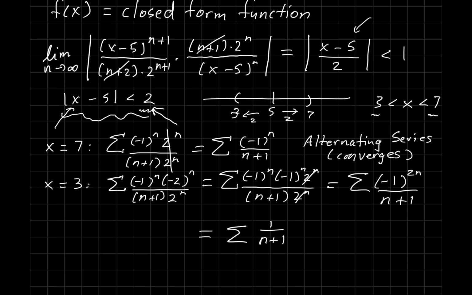So this simplifies all the way down to the sum of 1 over n plus 1. And by either the limit comparison test, the one I would choose, or the integral test, I see that this series at the endpoint x equals 3 diverges.